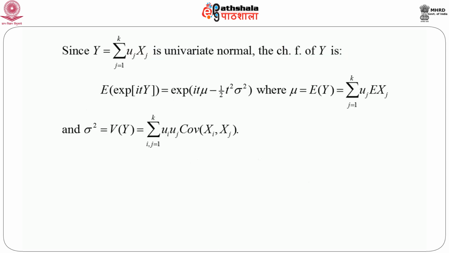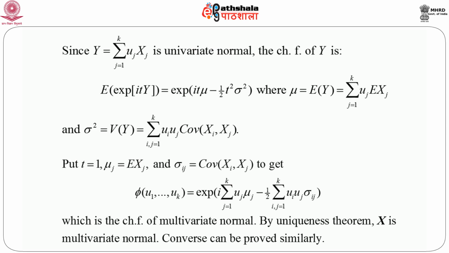Since Y equals the summation of uj Xj is univariate normal, the characteristic function of Y is exponential of i t mu minus half t square sigma square, where mu is the expectation of Y, which is nothing but the summation over j equals 1 to k of uj into expectation of Xj, and sigma square is the variance of Y, which is nothing but the double sum over i, j both equal to 1 to k of ui uj into covariance between Xi and Xj.